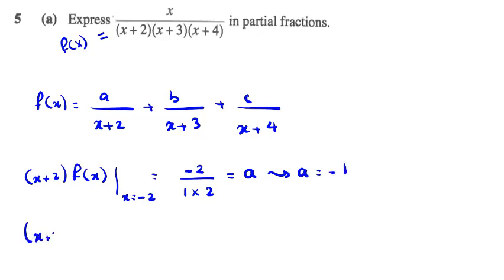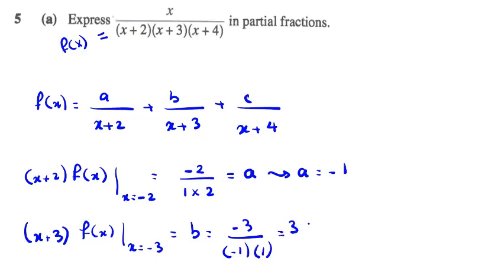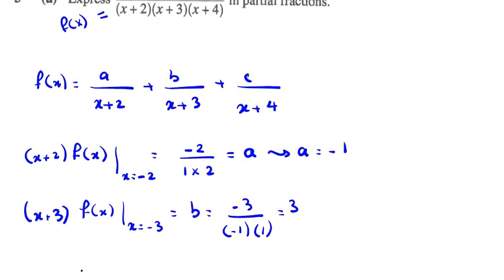Now we conclude that a is negative 1. Similarly, we multiply by x plus 3, and x equals negative 3. Here you can say it is b. Negative 3, negative 3 plus 2 will be negative 1, and negative 3 plus 4 will be 1. It will be 3, so b is 3. For the last part, we multiply x plus 4 by f of x and consider x equals negative 4, it will be c.